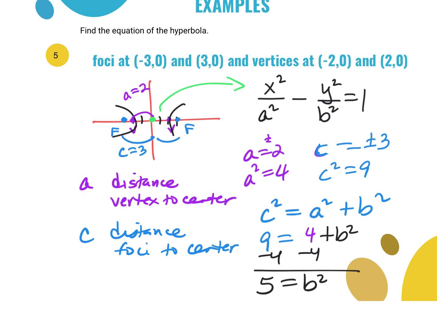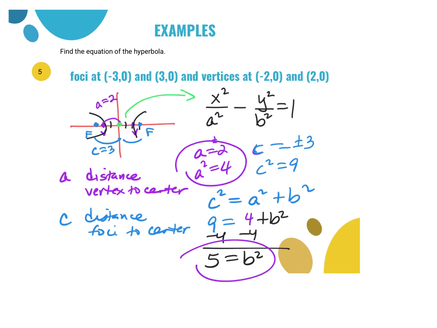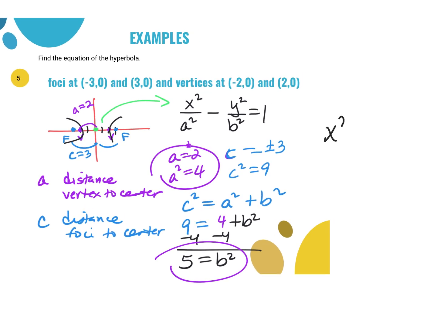I don't need to square root it because I need b squared in my equation. So I'm just going to fill in my a squared and my b squared. So my final answer here, the equation, is going to be x squared over 4 minus y squared over 5, and it equals 1.